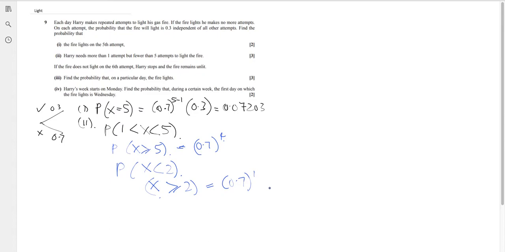So this gives me a value. The complement of this will be 1 minus 0.7, and then the complement of the other is 1 minus 0.7 to the power of 4.